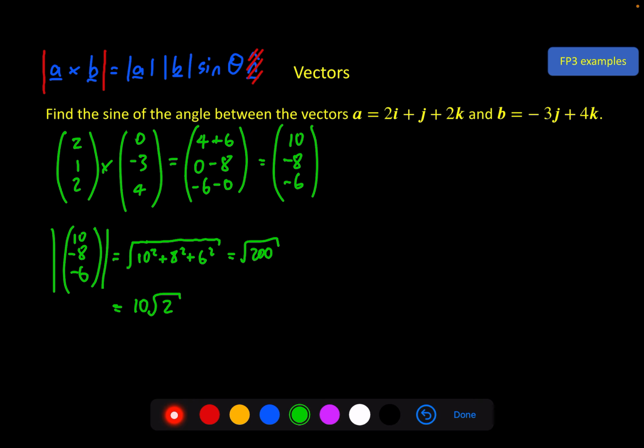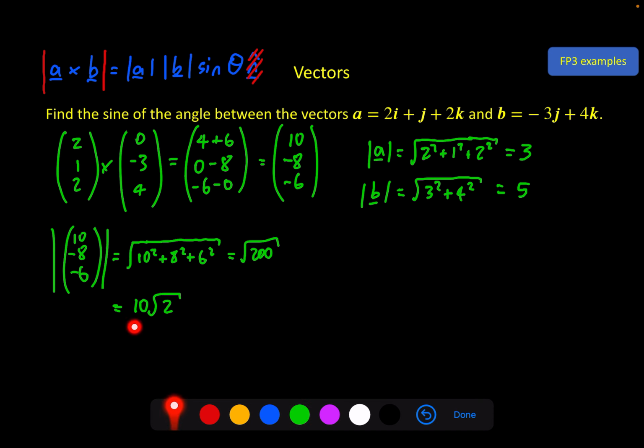And then very similar to the dot product process when you're trying to find the angle, we need to find the right-hand side magnitudes. So the magnitude of A is equal to the square root of 2 squared plus 1 squared plus 2 squared, which is a nice easy number, 3. Magnitude of B, 0 squared plus minus 3 squared plus 4 squared, also a nice number, 5.